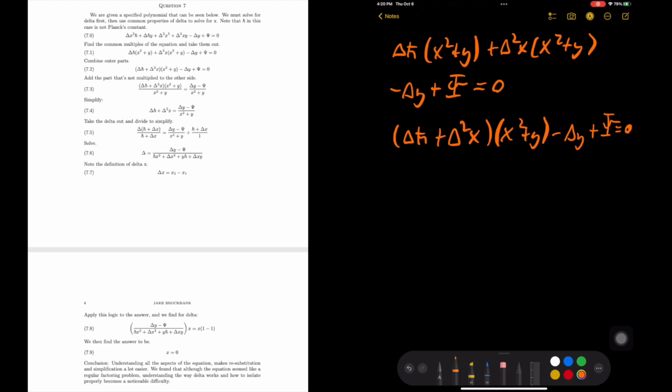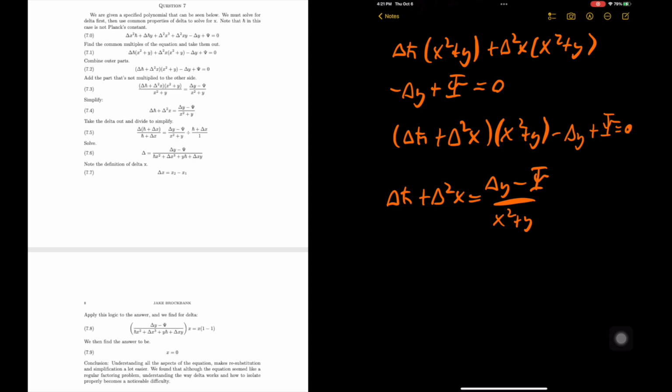Then we can add the part that's not multiplied to the other side. So in this case, that would be the negative delta y plus psi. We could add that to the other side, and we can divide by x squared plus y, which simplifies to delta h bar plus delta squared x is equal to delta y minus capital psi over x squared plus y. So that's fairly simple. Now we've deconstructed that.